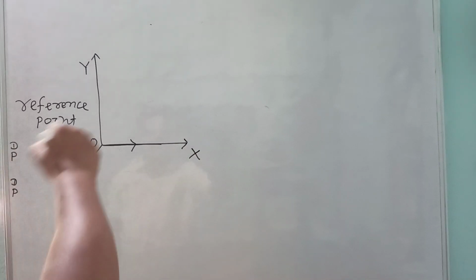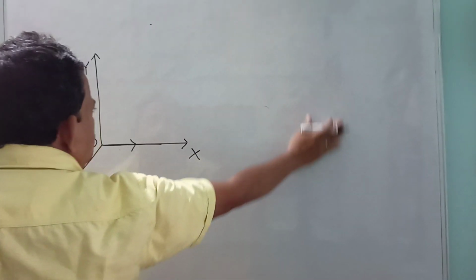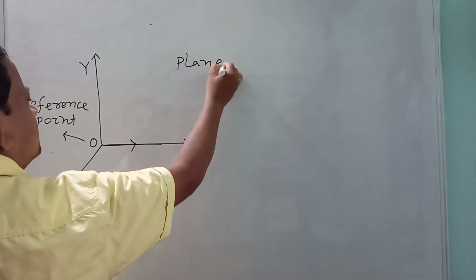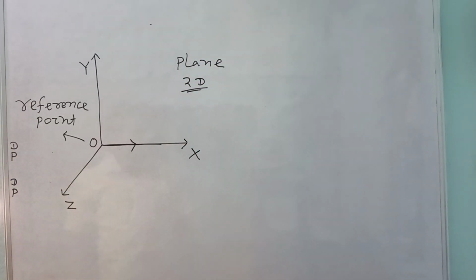Suppose an ant moves on the plane of this board. Since this is a plane, this is 2D, 2 dimension. So one says 2-dimensional motion is motion of an ant in a plane. 1 dimension means motion of a bus in a straight line.